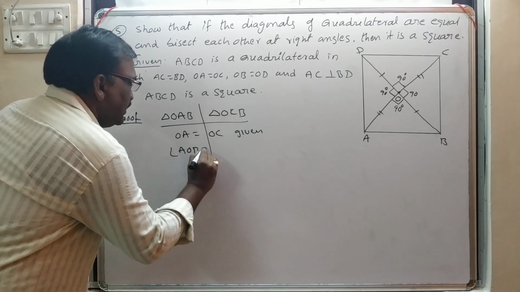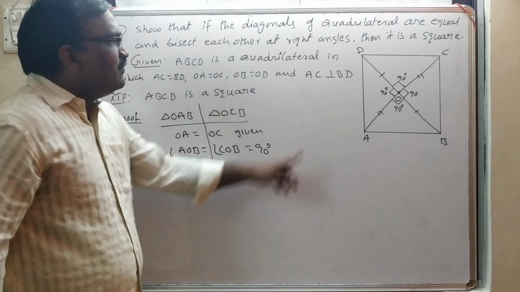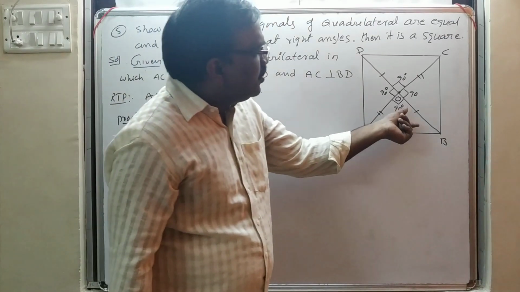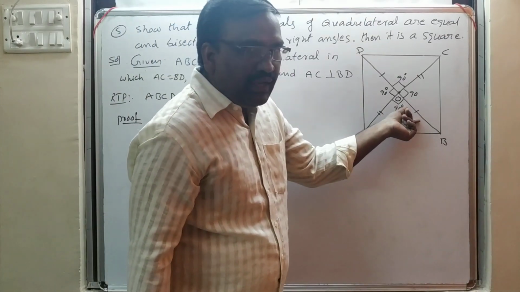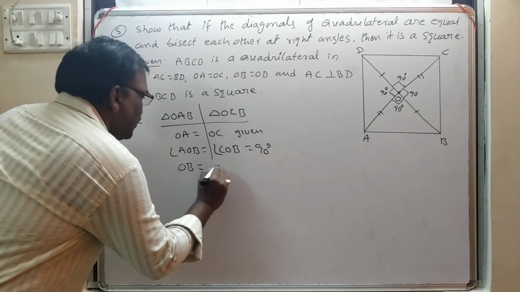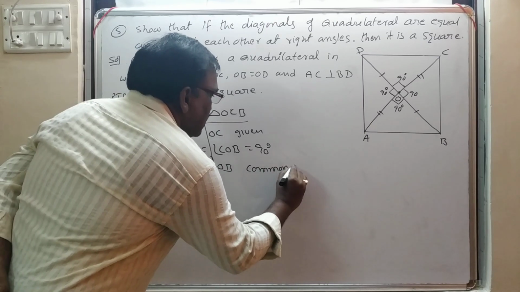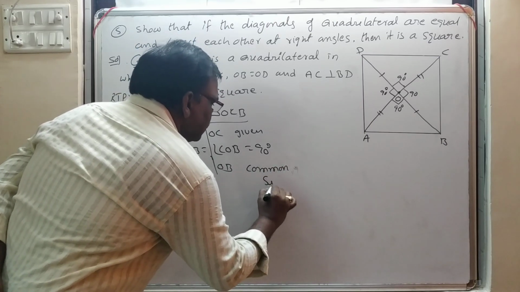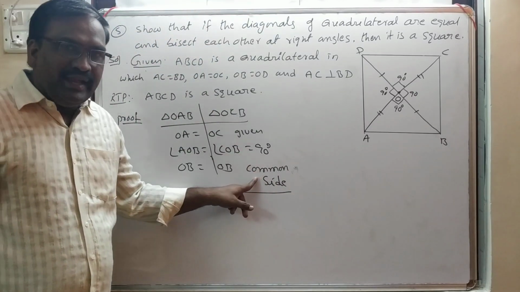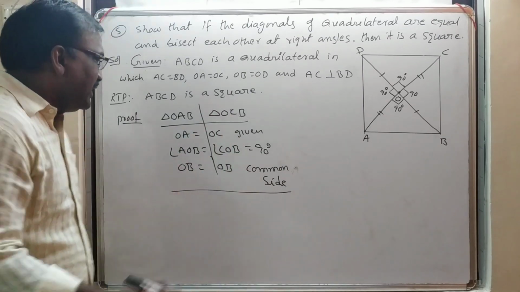Angle AOB is equal to angle COB, both 90 degrees. Why? AC is perpendicular to BD. Next, OB is equal to OB, that is the common side. Side, angle, side. By SAS congruency rule, these two triangles are congruent.